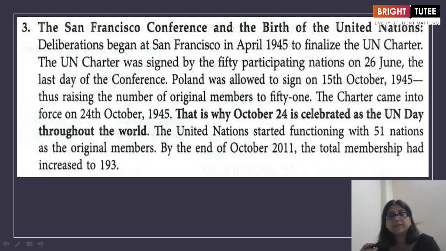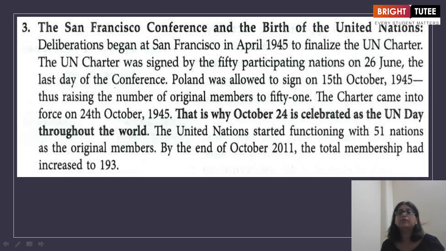The San Francisco Conference and the birth of the United Nations: deliberations began at San Francisco in April 1945 to finalize the United Nations Charter. The Charter, as I already explained, was signed by 50 participating nations on 26 June 1945, and Poland was the only one allowed to sign later, on 15th October 1945, thus raising the number of original members to 51.